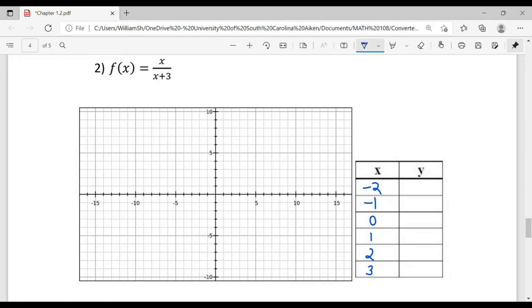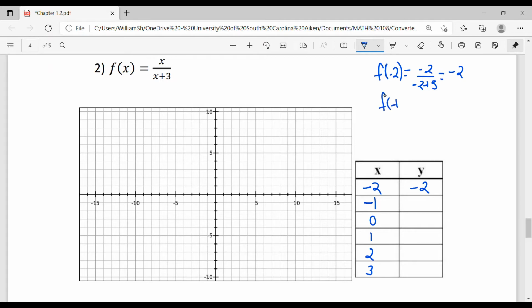Okay, so what I'm going to do here is plug in each of these values. So f of -2 equals -2 over -2 plus 3. Well, -2 plus 3 is 1. -2 over 1 is -2. Alright, so that gives me a point here.